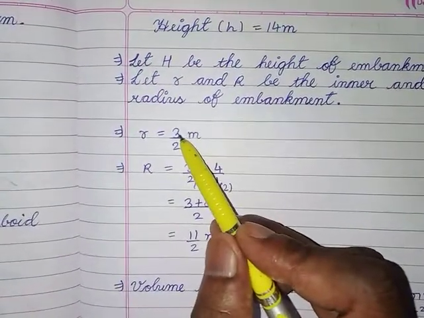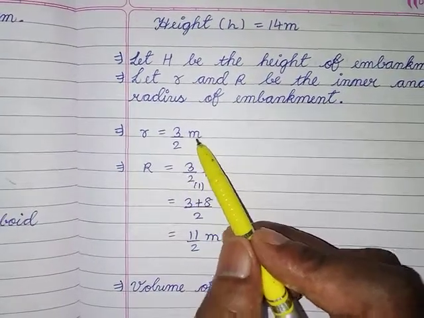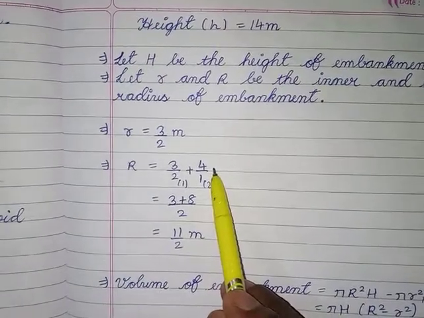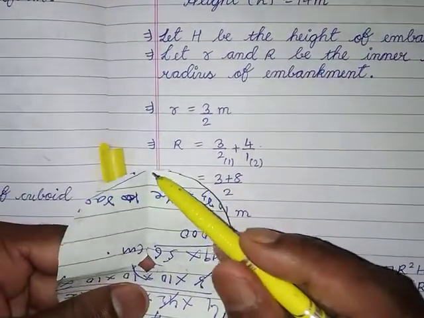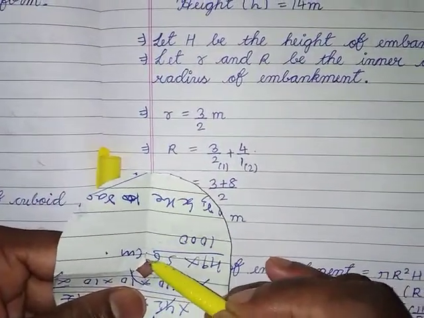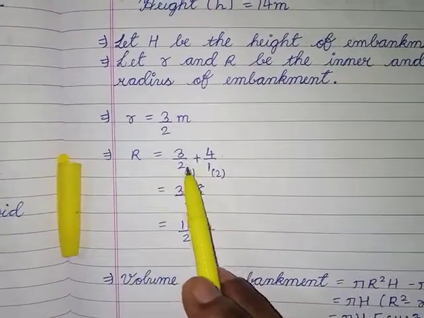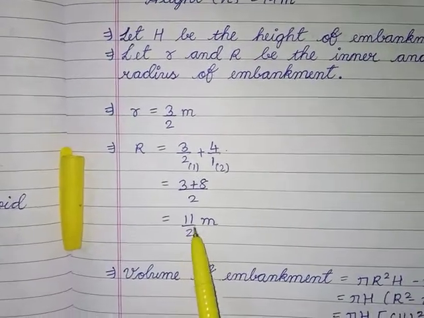So the radius is 3 by 2 meter, and the width is increasing by 4 meter. So the external radius will be 3 by 2 plus 4, which will be equal to 11 by 2.